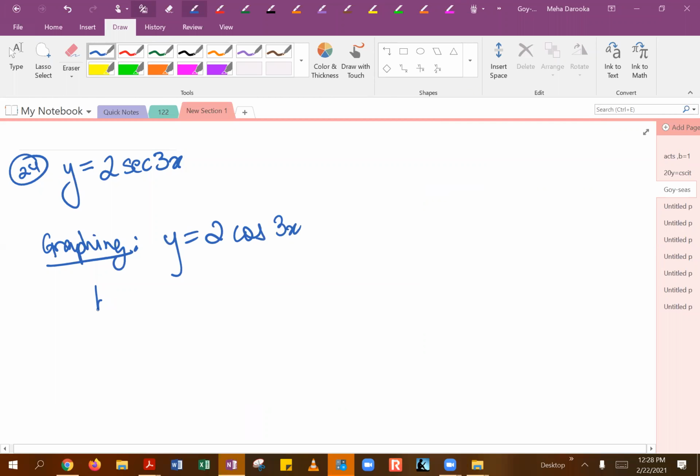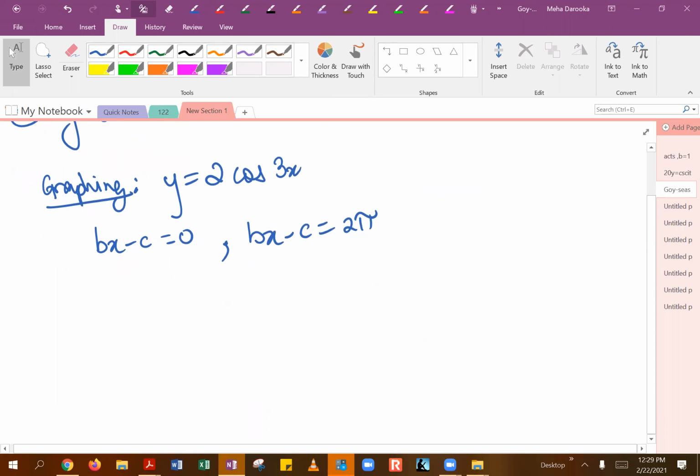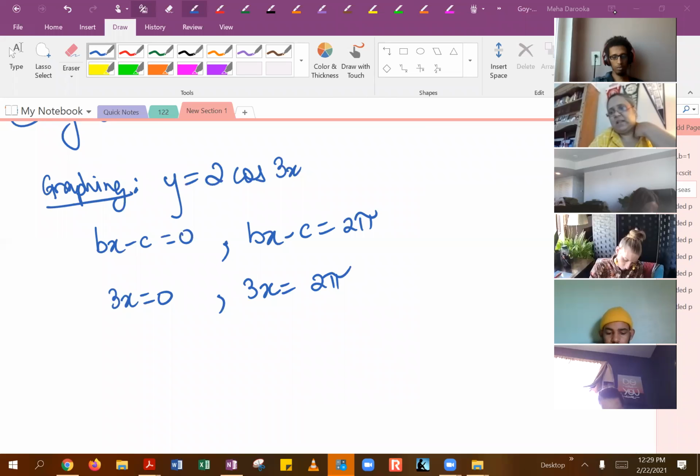So same thing, you have to take your bx minus c, set it equal to 0. Bx minus c, set it equal to 2 pi, because again, cosine function has a period of 2 pi. So for us, that translates into 3x equals 0 and 3x equals 2 pi. So what are your x values over here?